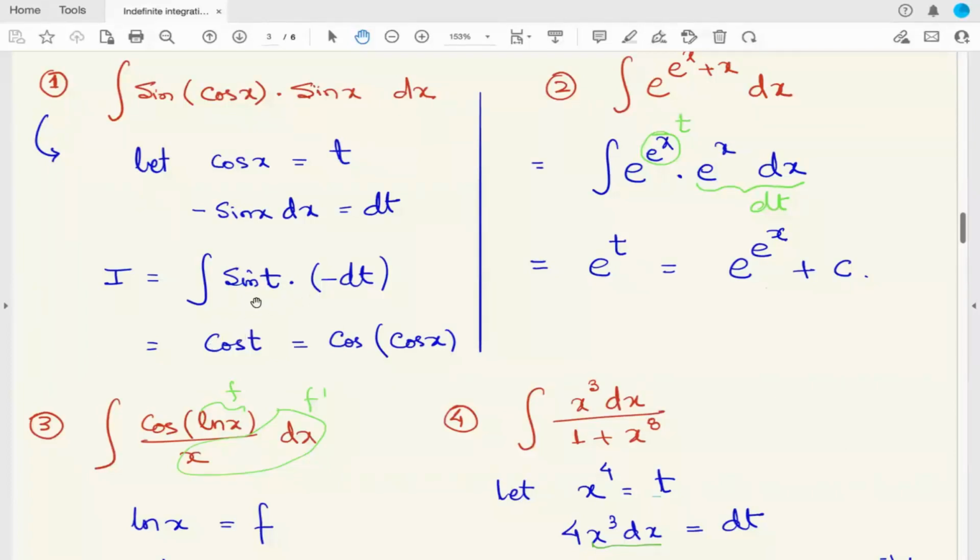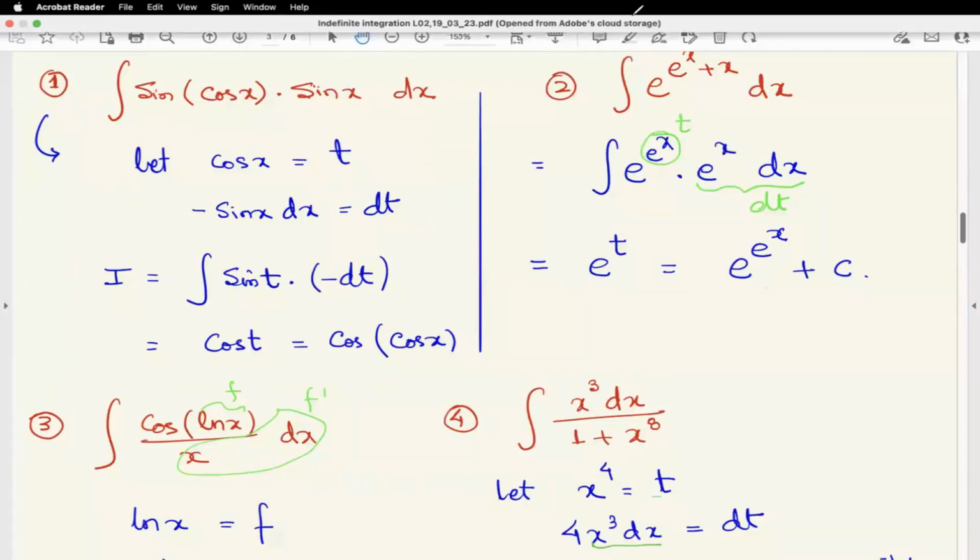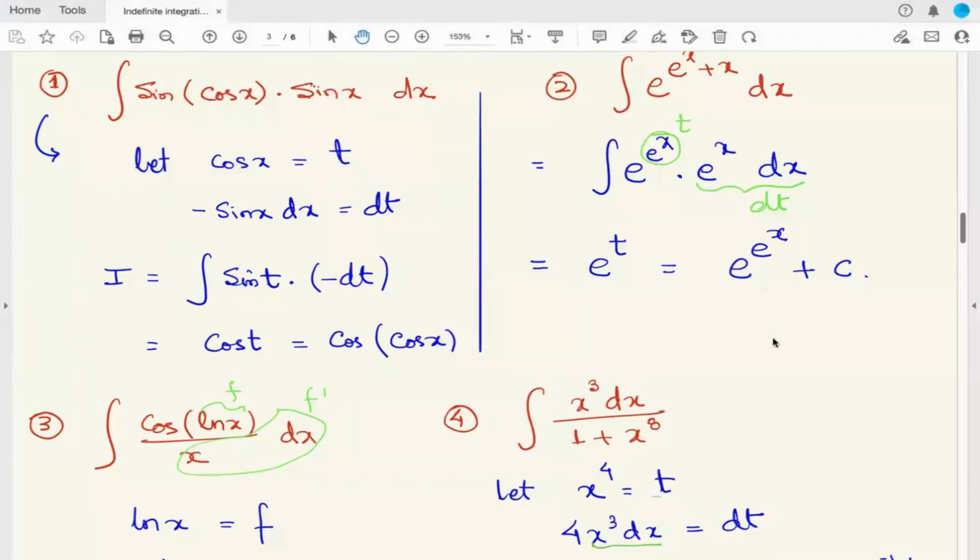The minus here is according to our second property, which we did yesterday: integration of k times f(x) dx is equal to k times the integration of f(x) dx.